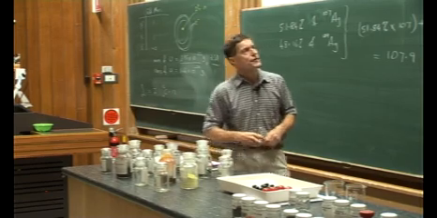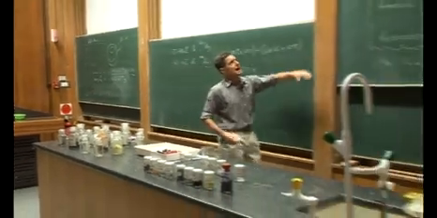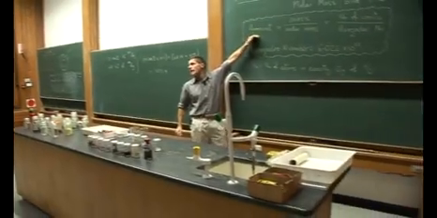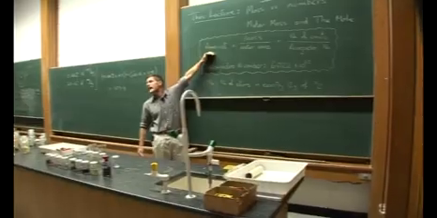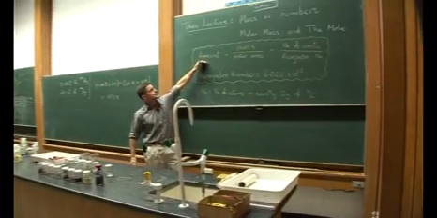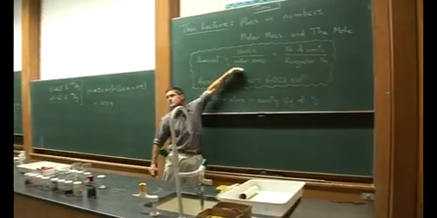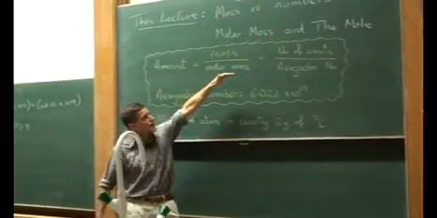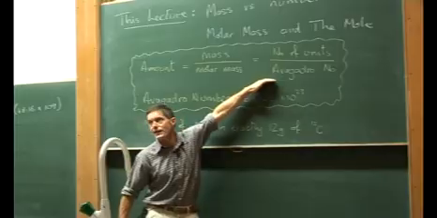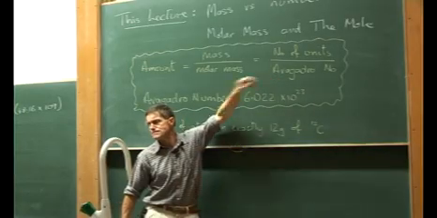I can write a formula for this where I say the amount of material, and we use amount very specifically to indicate numbers. The amount of the material is the mass divided by what we call the molar mass. It's the number of entities divided by the Avogadro number.